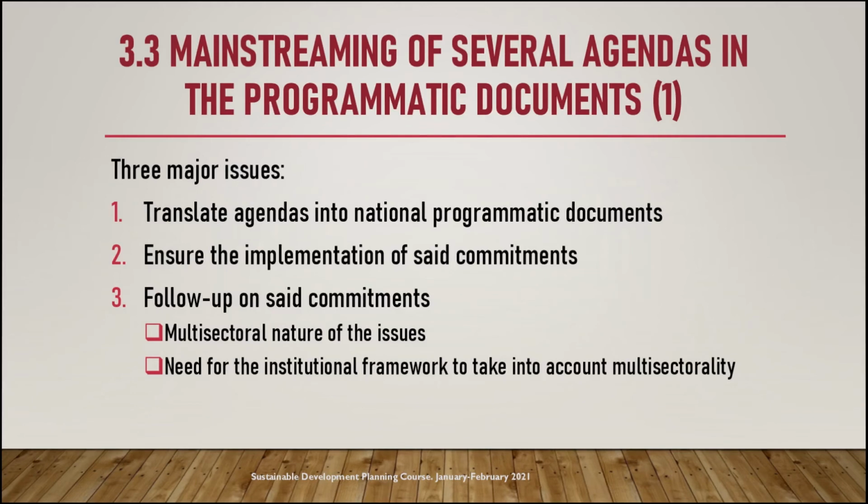So we go to the second type of mainstreaming, which regards the mainstreaming of several agendas in the programmatic document. I think that most of the countries are facing such a problem because they have committed to many international agendas. The least we could do is Agenda 2030 and Agenda 2063.